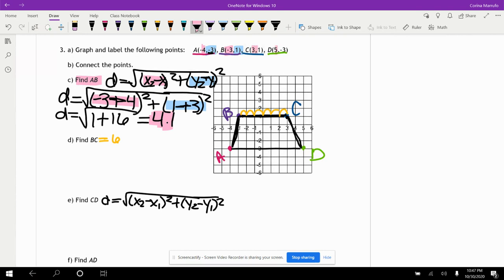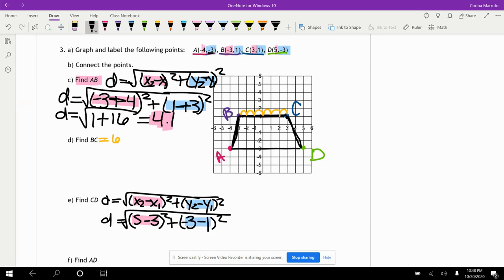Looking at our x values, it's 3 and 5, and we start with the second point. So we're going to do 5 minus 3, in parentheses and squared. Our distance equals square root, plus, let's go ahead and subtract our y values starting with the second point. So my y values here are -3 minus 1.